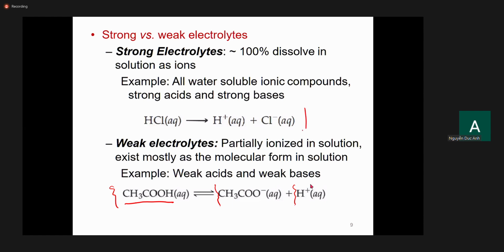In the case of a strong electrolyte, you see only protons, sodium, and chloride ions in aqueous solution. So strong and weak electrolytes differ in the amount of the substance that is ionized. Weak electrolytes normally appear as weak acids and weak bases, most of them organic acids and organic bases.